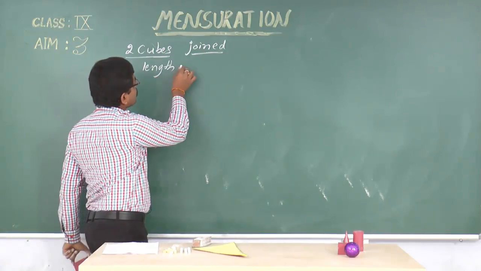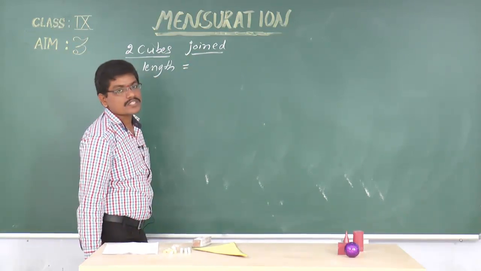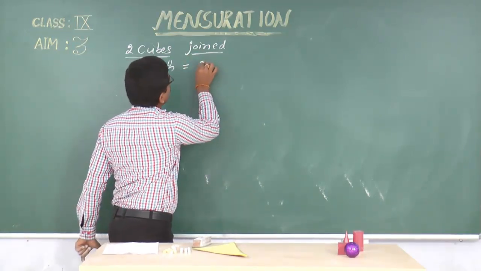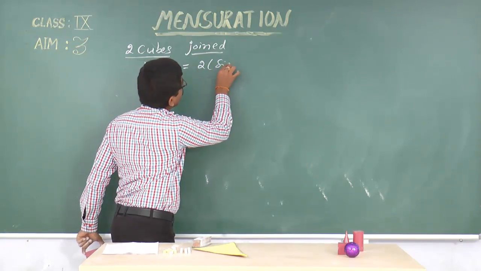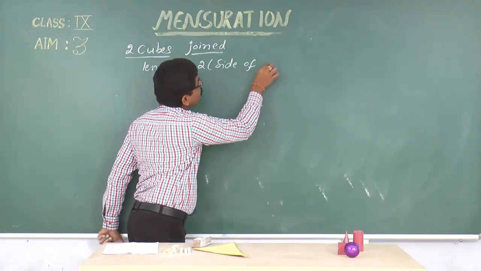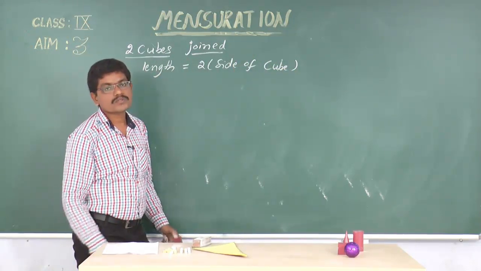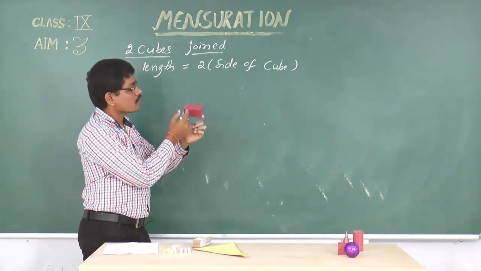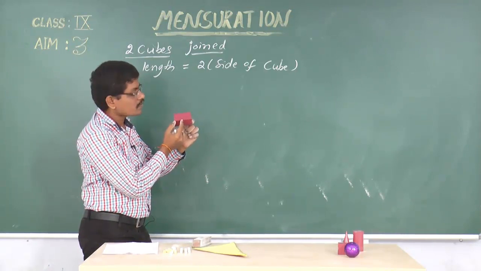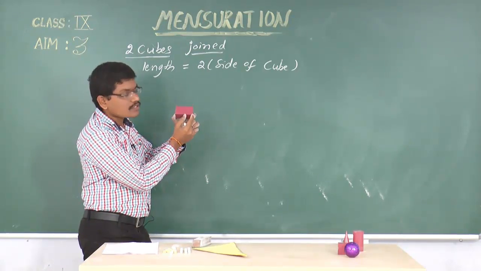So the length of that cuboid is equal to 2 into side of cube. That means from here to here 1 cube, and here to here 1 cube.